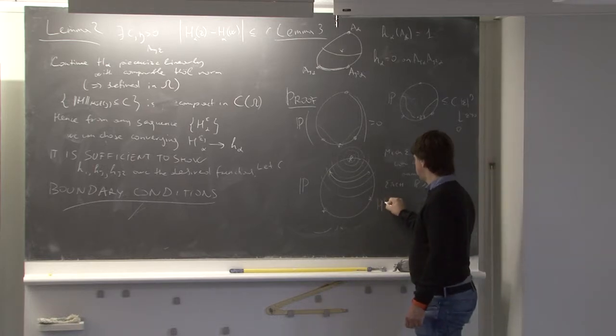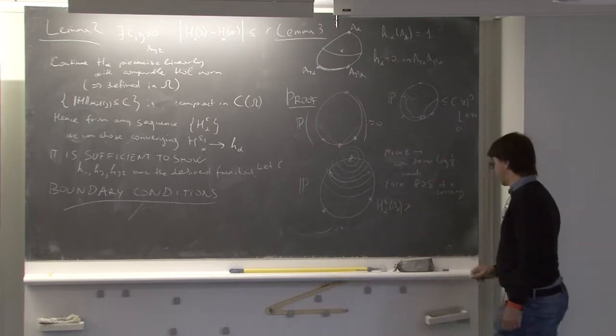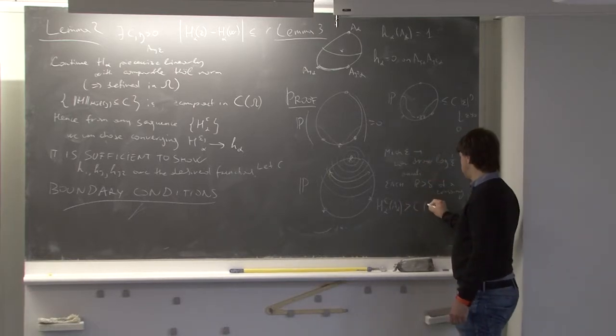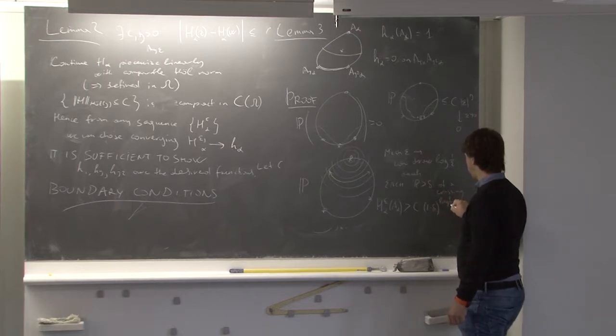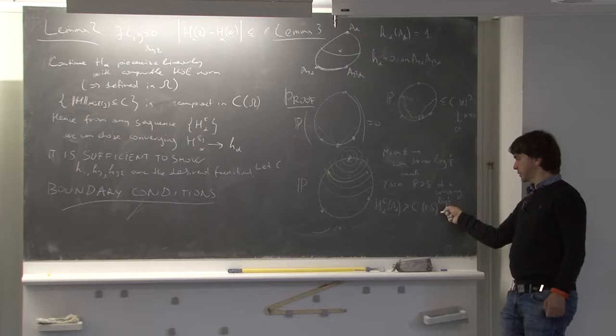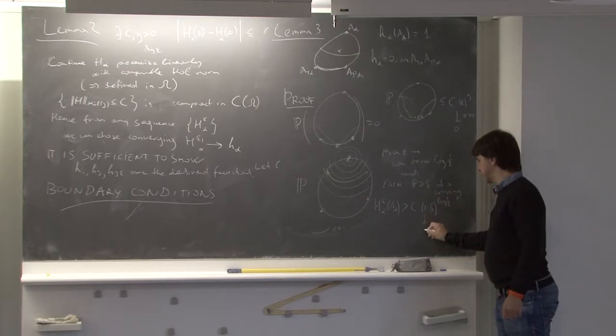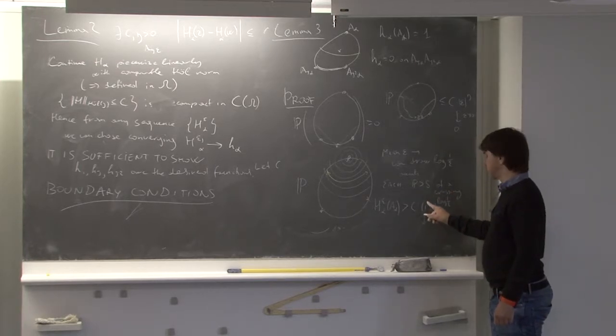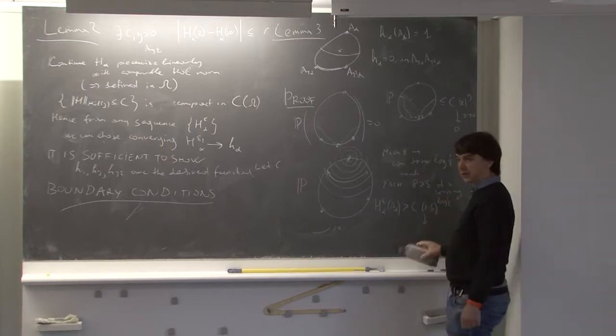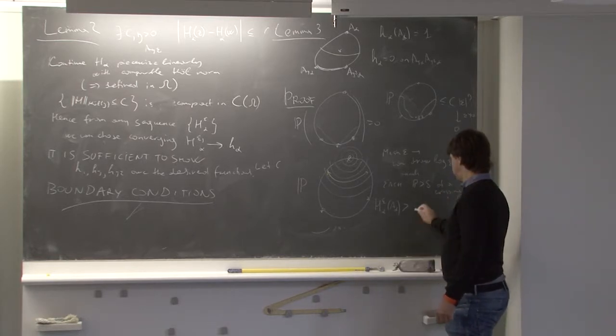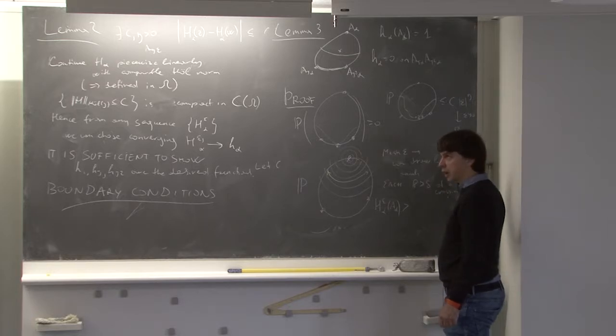So we get that H epsilon alpha of A alpha is bigger, up to a constant, than 1 minus delta to the power log 1 over epsilon. But as epsilon gets smaller, the power gets bigger, so that tends to... wait a second. Yeah, 1 minus that, so it's bigger than... if we can draw at least 1, we are good.